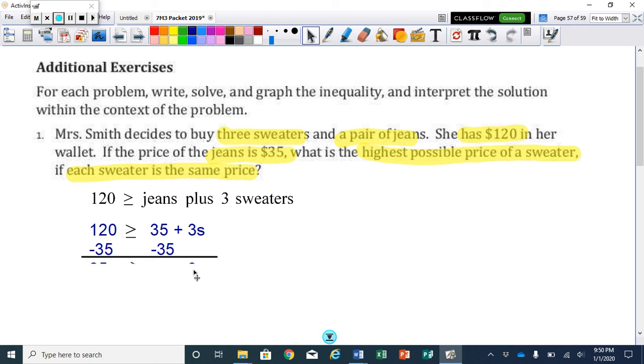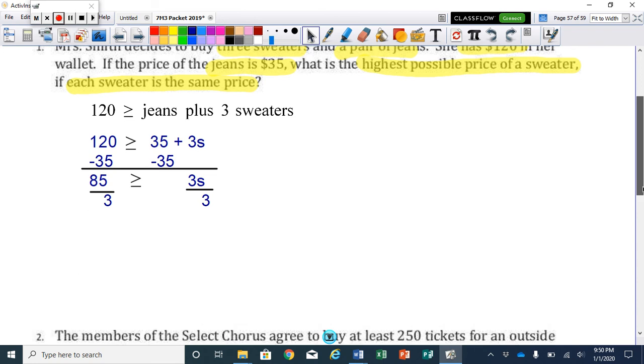If I subtract 35 from both sides, I wind up with $85 for the 3 sweaters. If I divide each side by 3, I wind up with a total of $28.33 at the most per sweater.